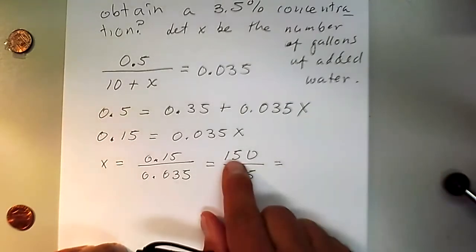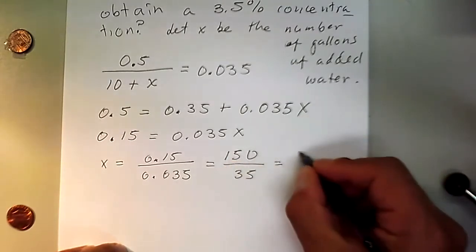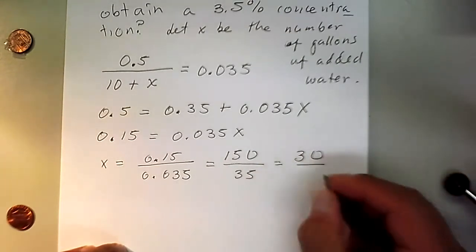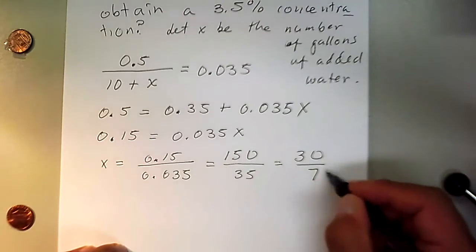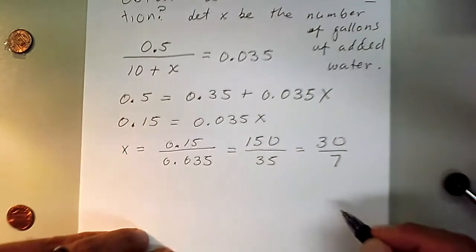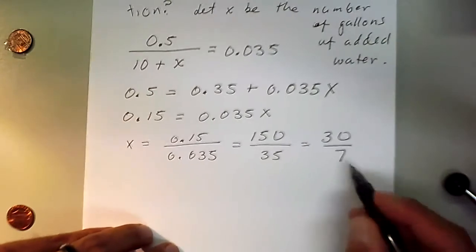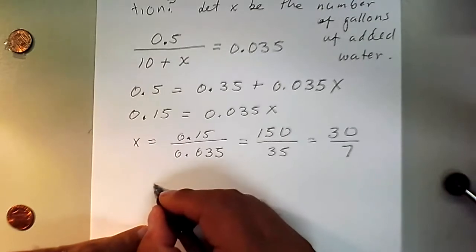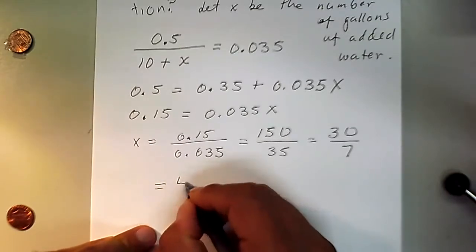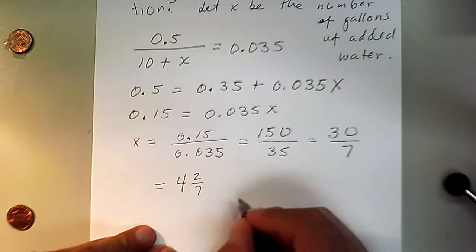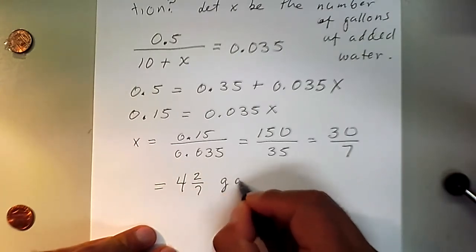If we divide by 5, we get 30. And dividing this by 5 gives us 7. And 30 over 7, if we turn that into a mixed number, we divide 30. How many times does 7 go into 30? Well, 4, because that gives us 28. 4, and we're left with 2/7. So this is the number of gallons.